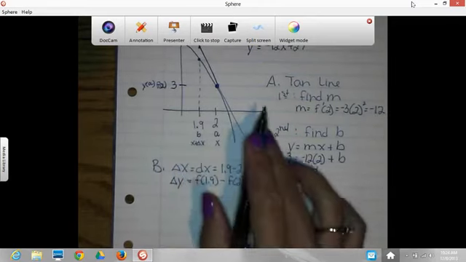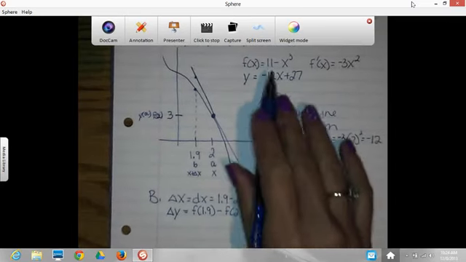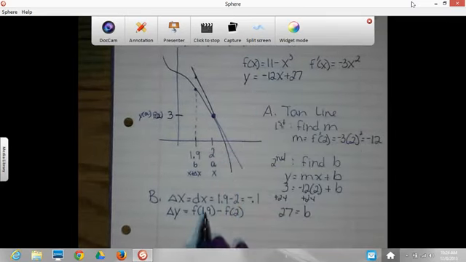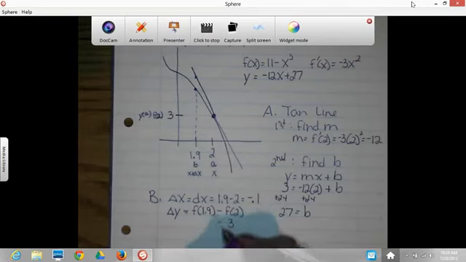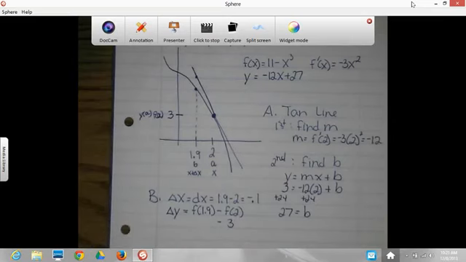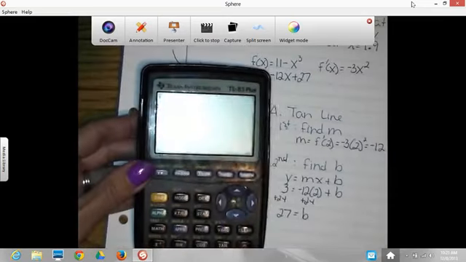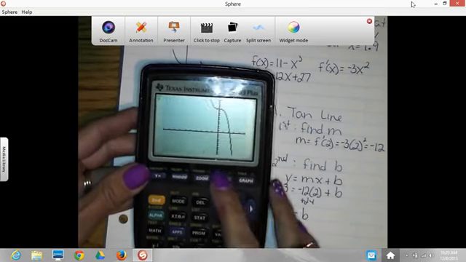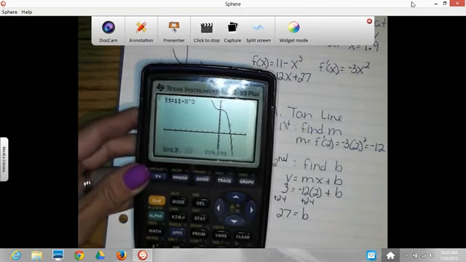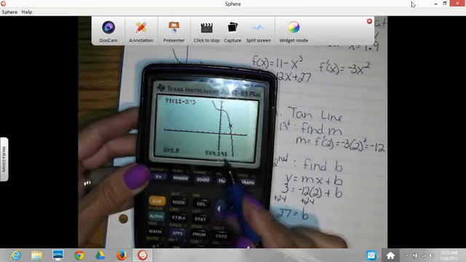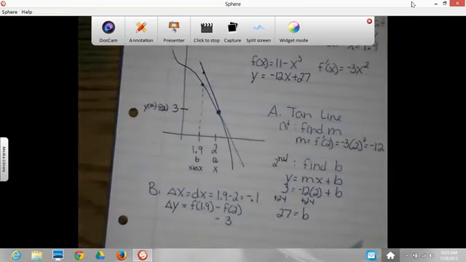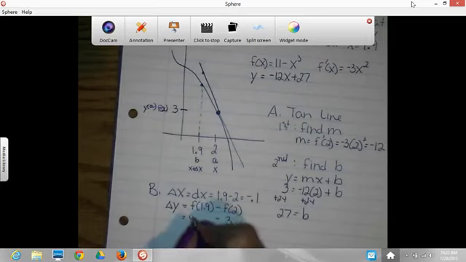So all I've got to do is go back to my 11 minus x cubed, plug in 1.9, and we already know that when we put the 2 in, we get a 3. So I've just got to plug the 1.9 in, or I can even trace to 1.9 and have it tell me it's 4.141, since I already had it in there. 4.141 minus 3, 1.141.